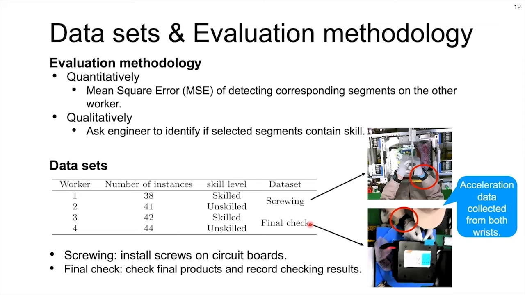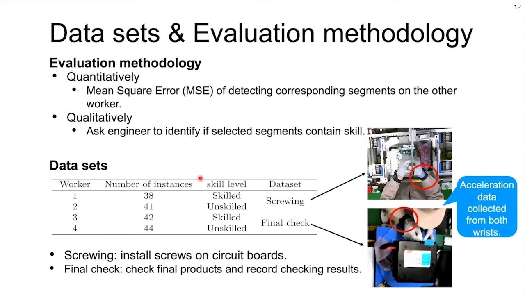To evaluate our method, we evaluate it in both qualitative and quantitative ways. We calculate the mean square error to evaluate the performance of identifying corresponding segments on the other worker.